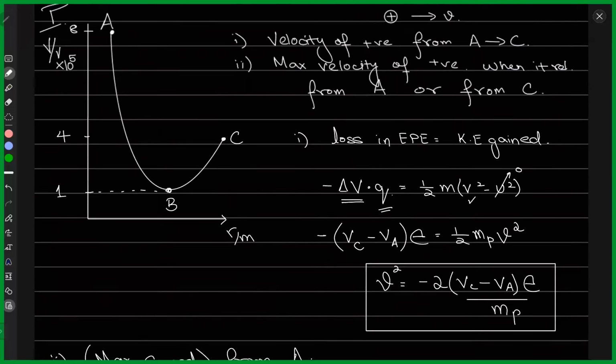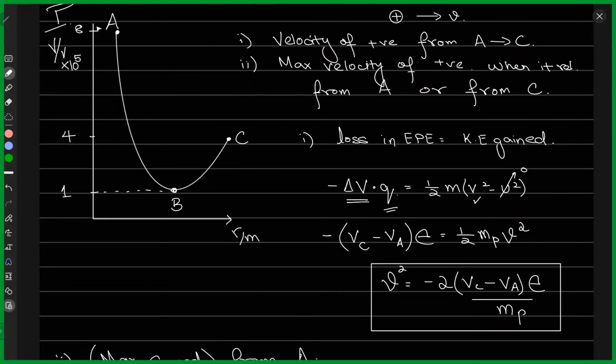We can see at A, the potential difference is 8 into 10 raised to power 5 volts, right? So that is the maximum potential difference. Now, if it's released from A, it will cover its journey to B, right? And if it's released from C, it will also cover its journey towards point B, right?